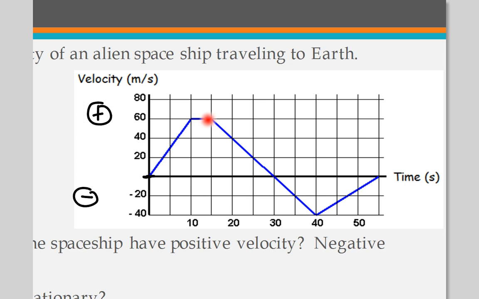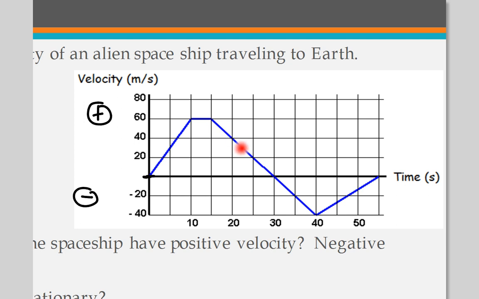Now from 15 to 40, what's happening? Your velocity is, yeah, so like what must have happened here magically? You've turned around? So here your velocity is 60 meters per second east, and now it's 40 meters per second east.